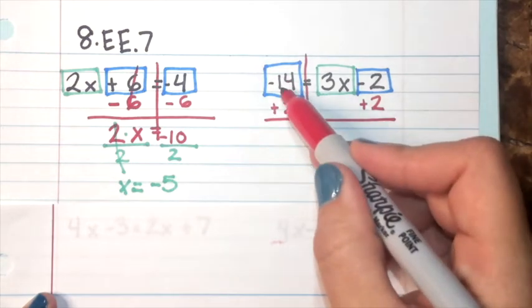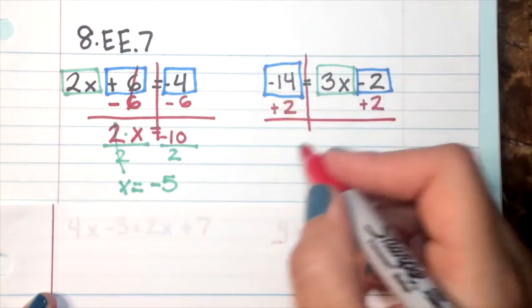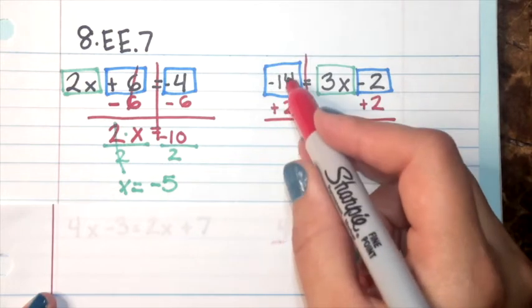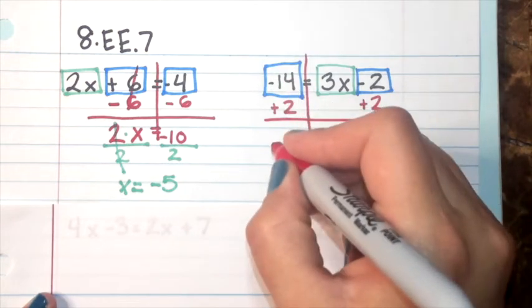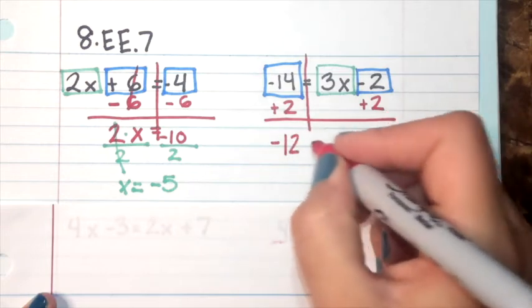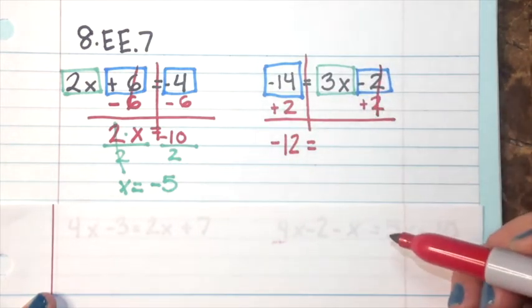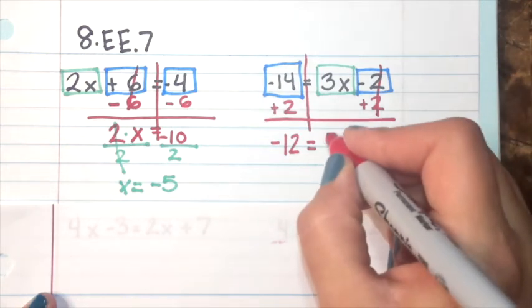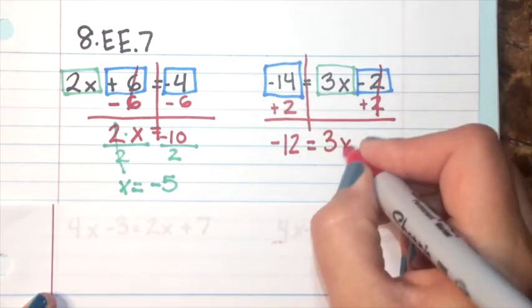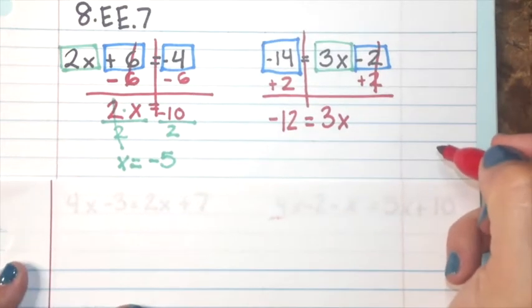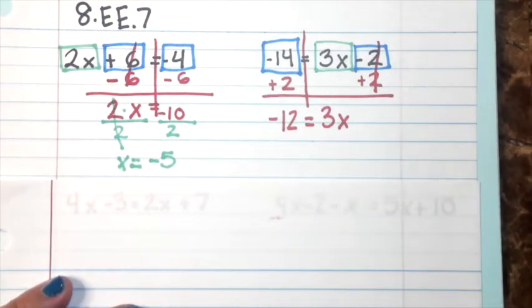So a negative 14 plus 2, well, the positive cancels out some of those negatives, right? We're left with negative 12 is equal to what's left on this side after we've crossed out those 2's, which is 3x.